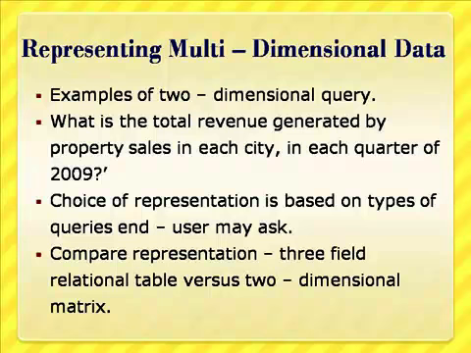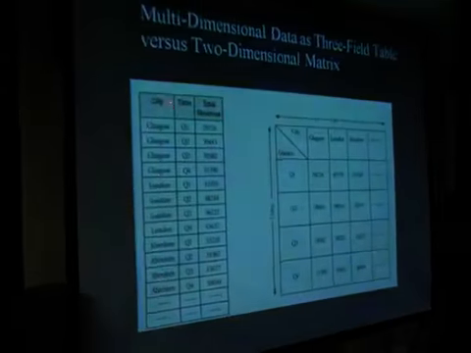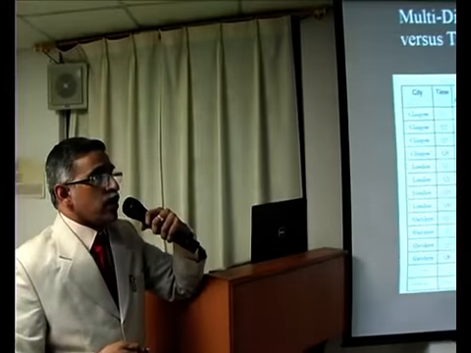So to store the data in a 3-field relational table requires 3 columns. But if I represent the same data in a matrix, we require only 2 columns. For example, here these are the city values, these are the times, and this is the total revenue. In this representation, there are two dimensions and one measure.